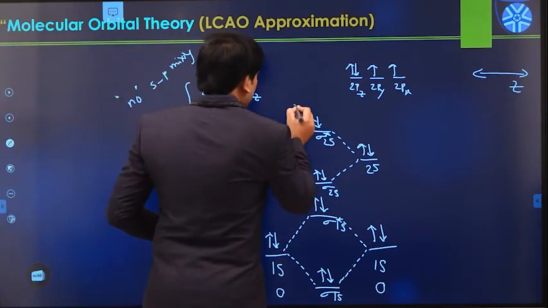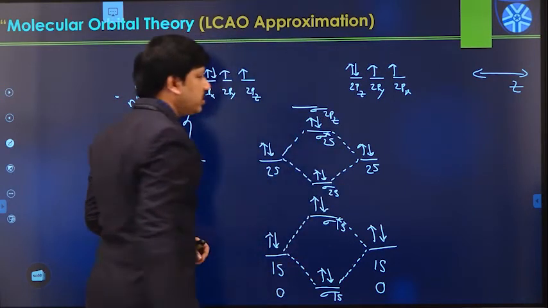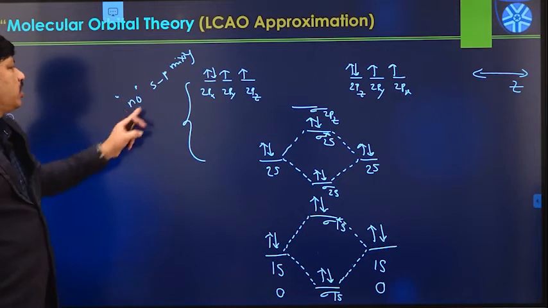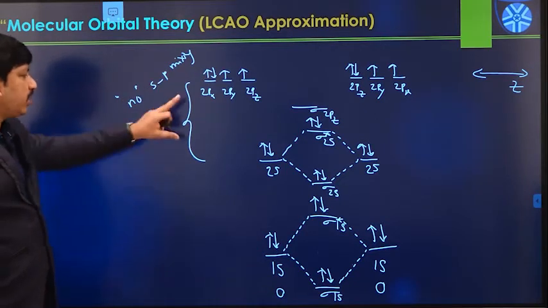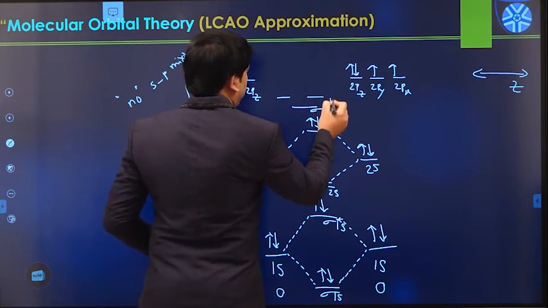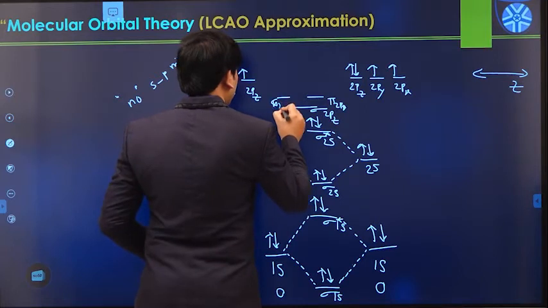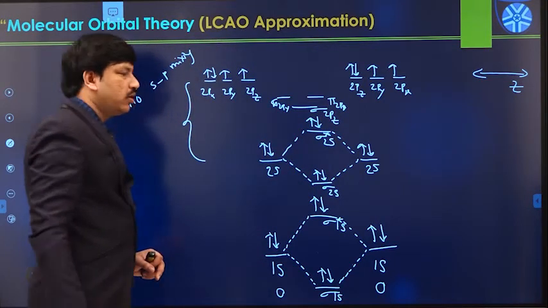Here the lowest energy is sigma 2pz. First we have a sigma 2pz orbital because of the lack of sp mixing in the case of oxygen molecule. And then we have pi orbitals. This is pi 2px, this is pi 2py, like this.